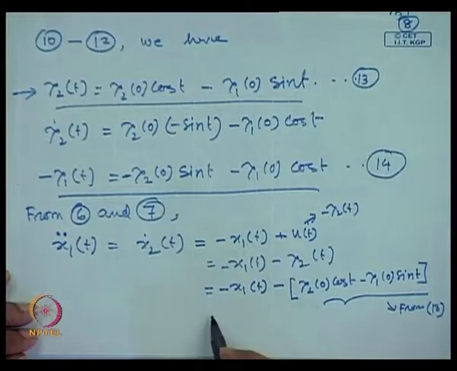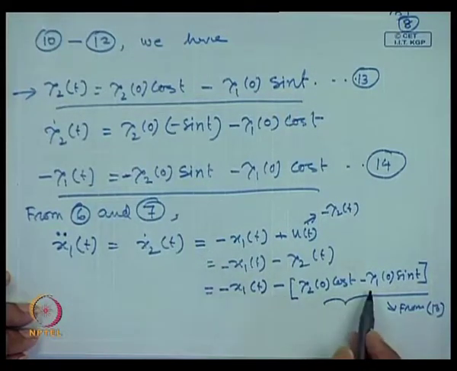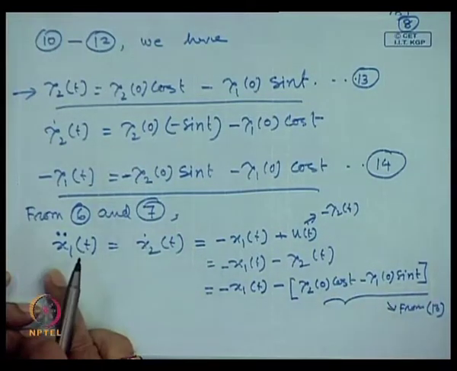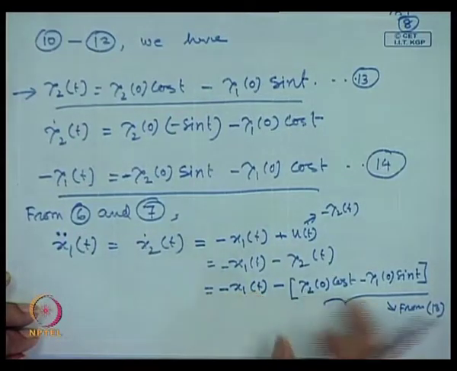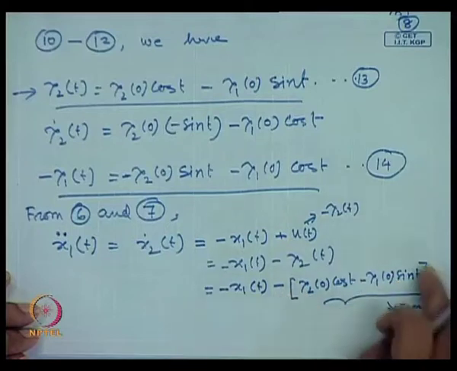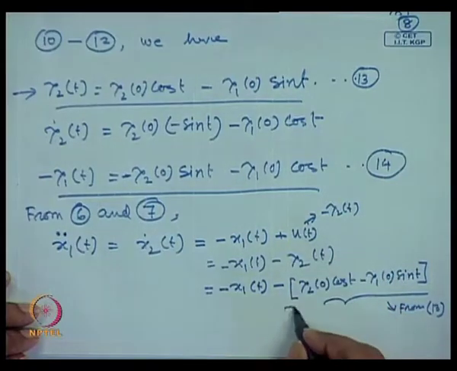If you look at this expression, x 1 double dot is equal to minus x 1 of t plus some quantity.